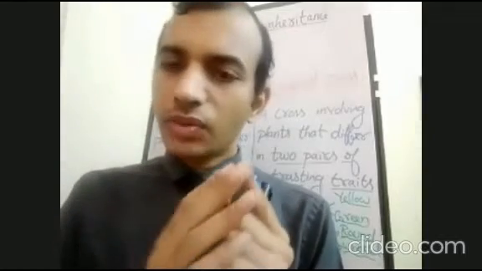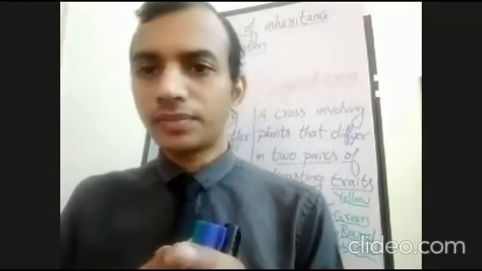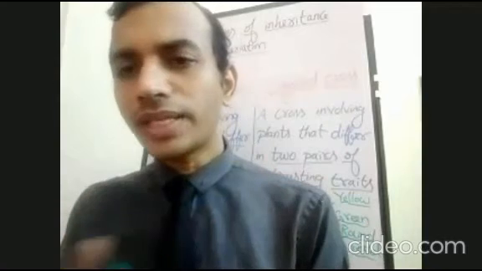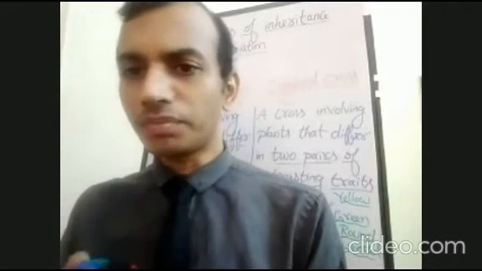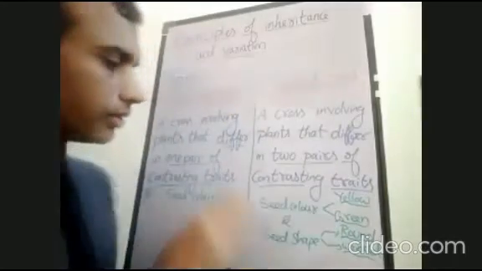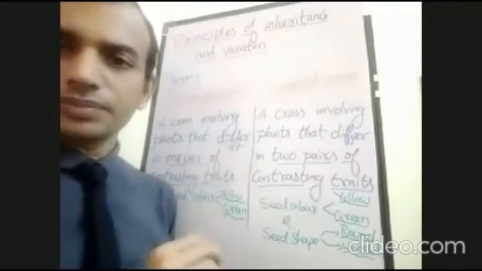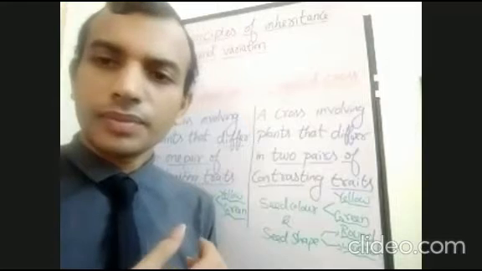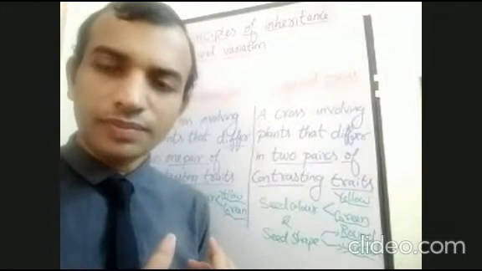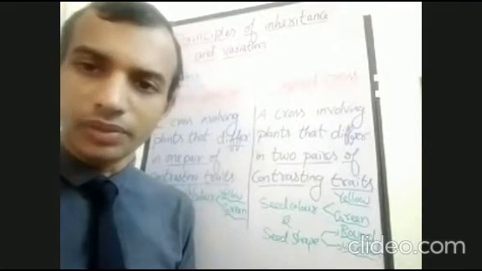Let's say you're studying only plant height, or only seed color, or only seed shape, or only flower color. So you study any one particular character that has contrasting traits. Then you call this a monohybrid cross.